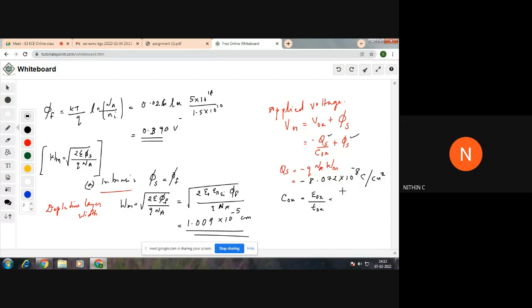How will you write this? Epsilon 0, epsilon R oxide divided by T oxide.